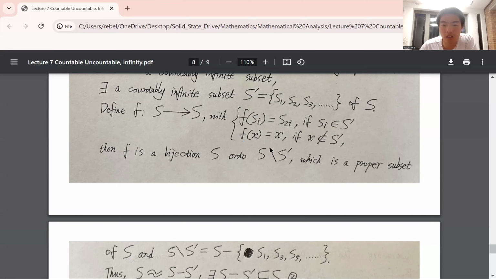If we only consider S difference with S*, those points are not in S*, right?